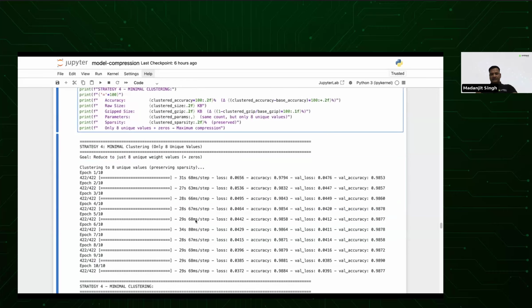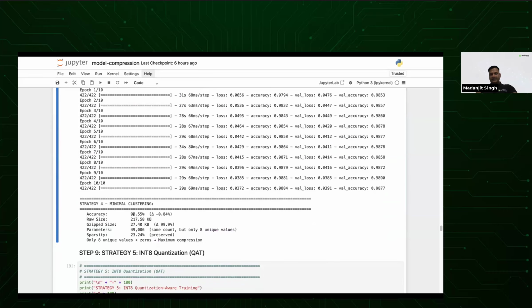After 10 epochs, you could see it's still 98.5%, and the GZip size has gone down to 27 KB now. It's the smallest; from 48 MB, it has gone down to 27 KB. The parameter count will still be the same because those zero values are still holding the memory locations.